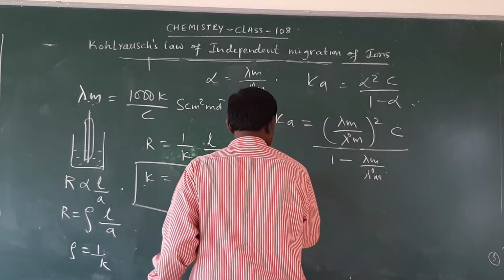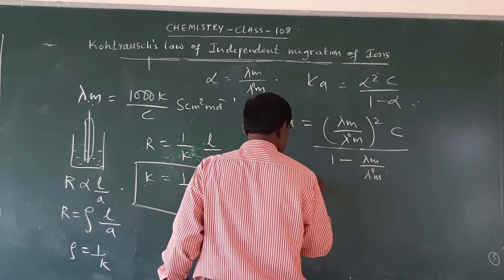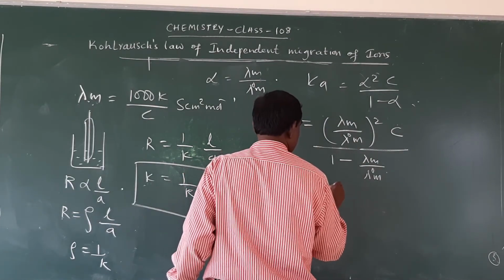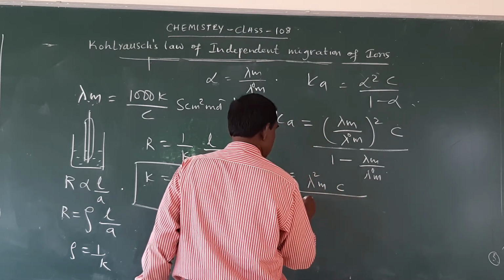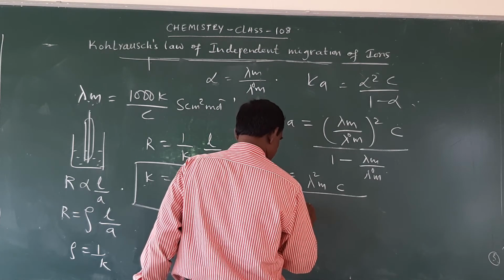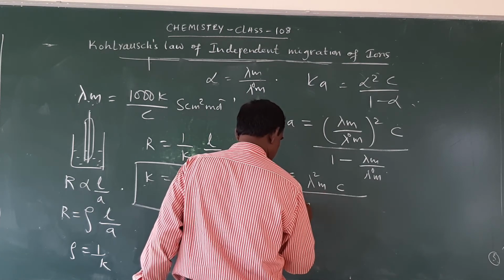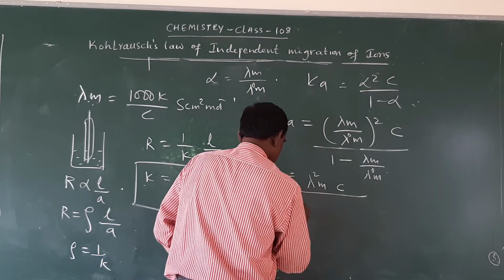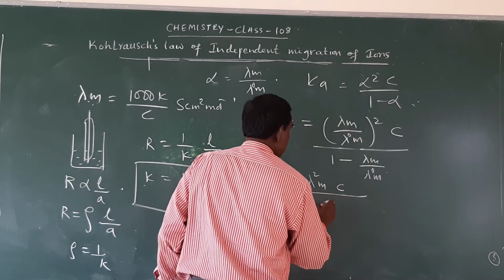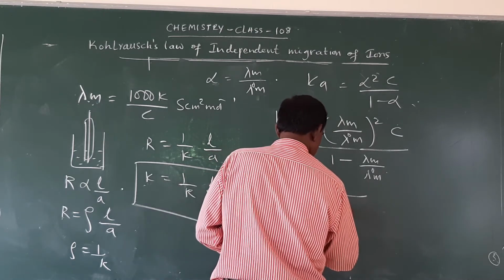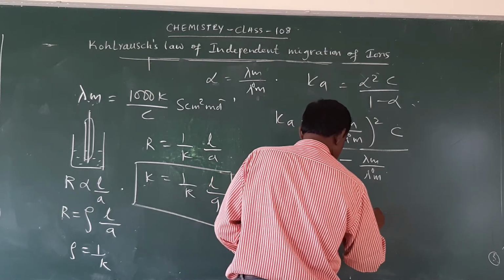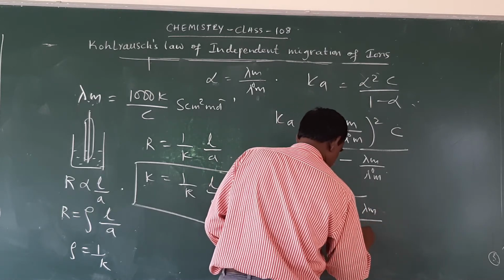So that will be equal to lambda square m into C divided by lambda naught square m into lambda naught m minus lambda m divided by lambda naught m.